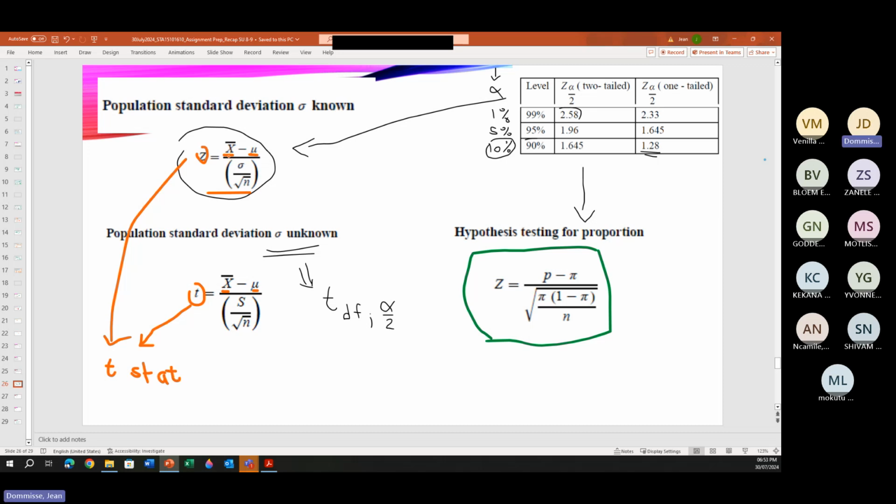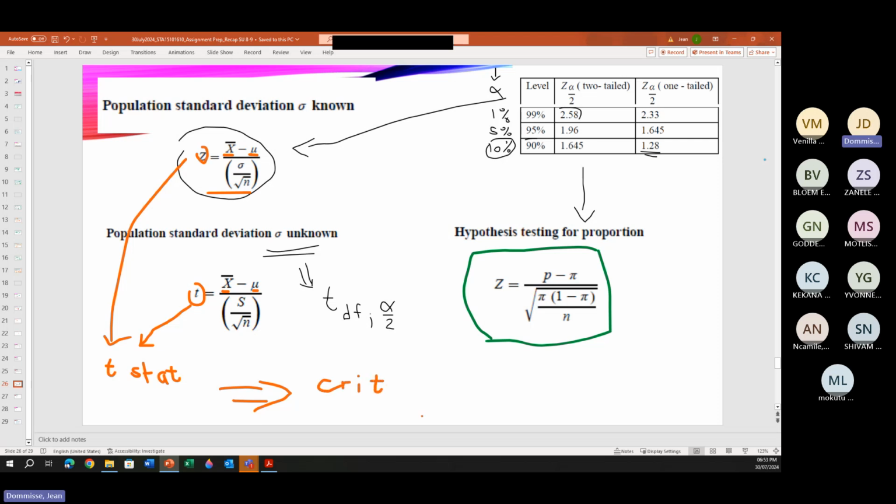Your Z and your T, you actually work out exactly the same. But then when you test it against your critical value, that is where it might differ.